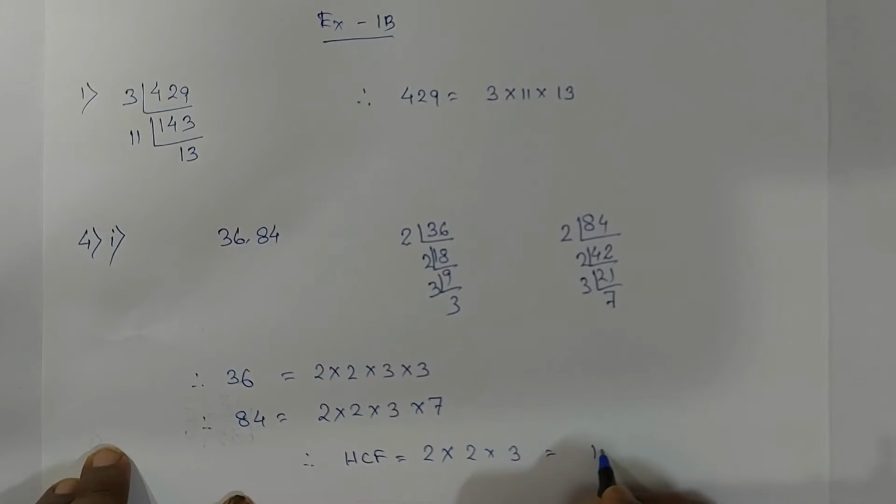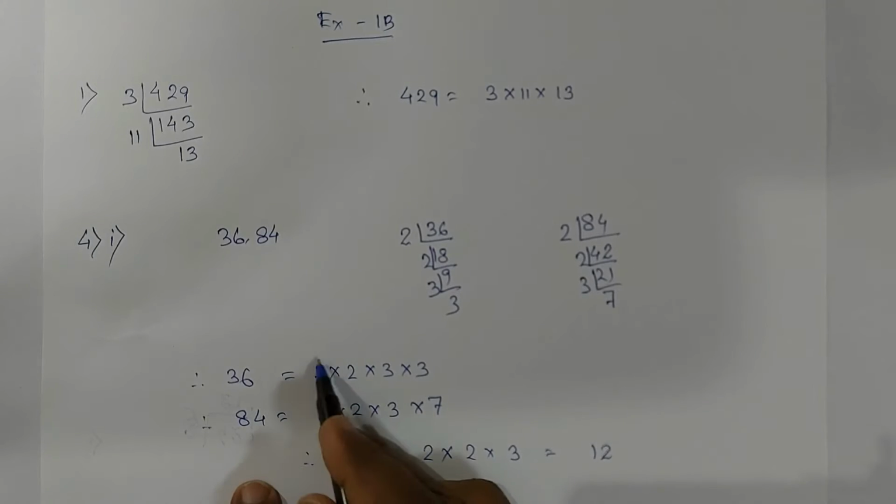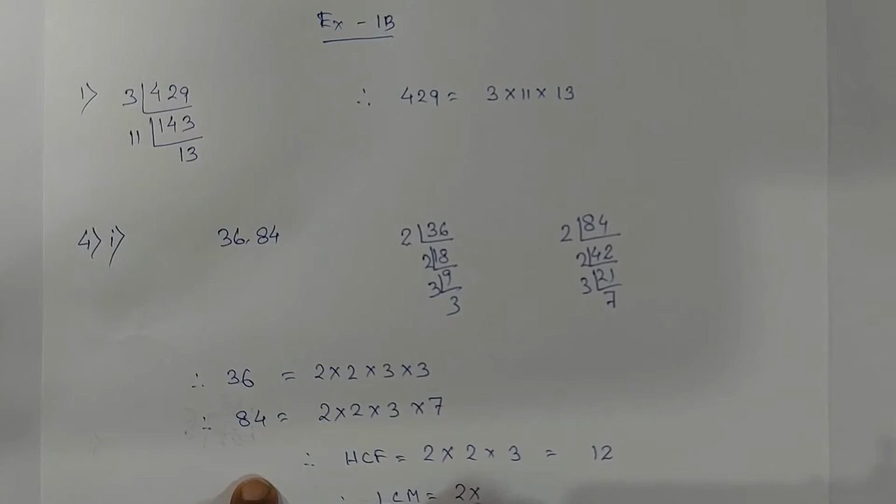So this is 12. And for LCM, what will we do? We take the common pairs and then the uncommon numbers. Common pairs is again 2, then 2, then 3, then 3 into 7.